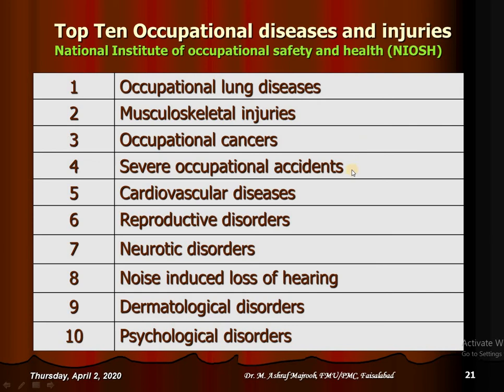Then severe occupational accidents are included in the list, as they are preventable through ergonomics. The cardiovascular diseases are associated with workplaces, and they are due to toxic chemical substances. Reproductive disorders are also associated. Similarly, neurotic disorders.